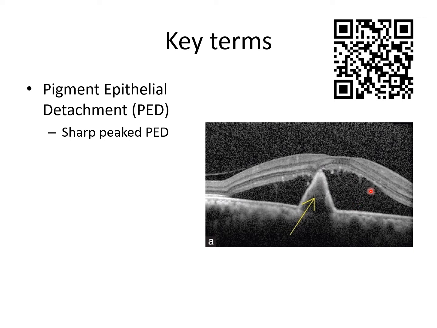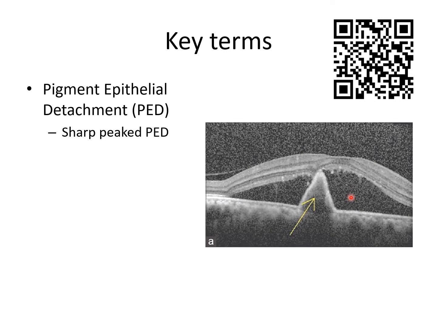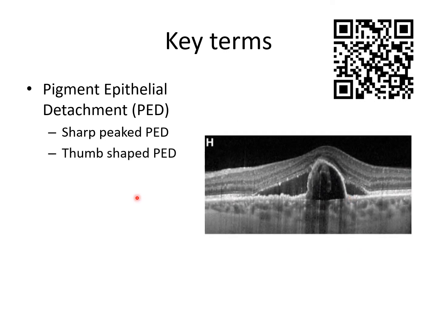We can have various types of pigment epithelial detachment, which can be drusenoid or vascular PEDs, and according to the shape we can have sharp peaked PEDs, we can have a thumb shaped PED which would appear as a polypoidal growth on an en face fundus photograph.